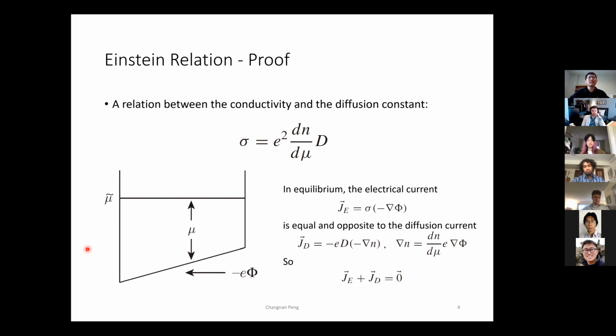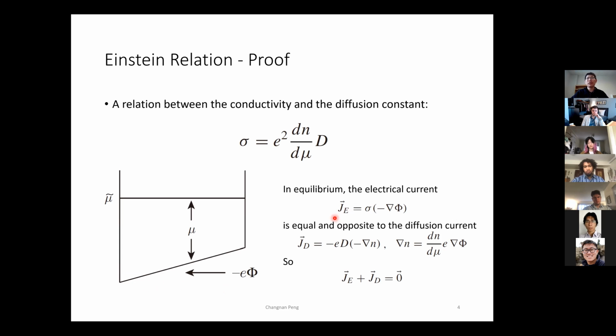Maybe some of you haven't seen this before. At least for me, I didn't know it's called the Einstein relation before I prepared this talk. So let me show you a brief proof. Consider a condensed matter system in equilibrium. In equilibrium, it means that the particle flow driven by the electric field should be compensated by the particle flow driven by the density difference.